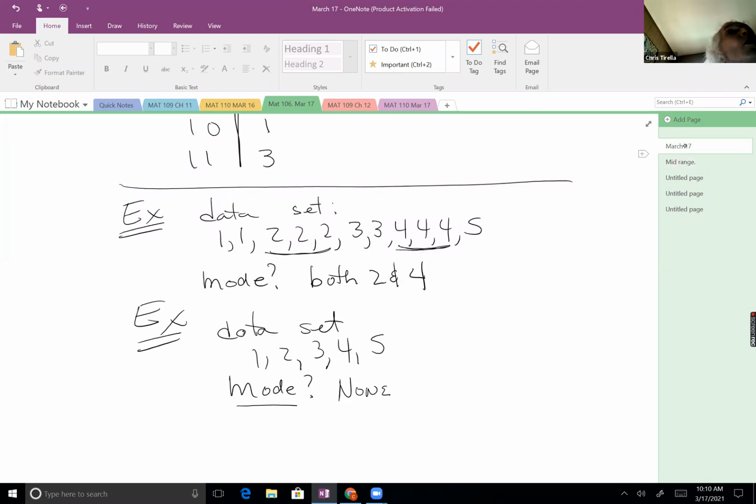In terms of mode being a measure of center, can anybody think of an example where you might want to use the mode as your measure of average? Let me give you one of my favorite examples. Let's say we own a shoe store and I want to talk about my average customer. Would I add up all the shoe sizes that I sold and divide by the number of customers?